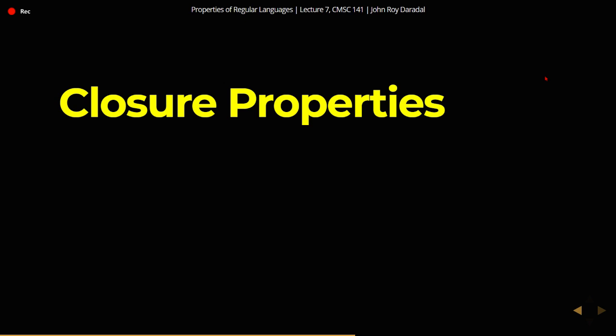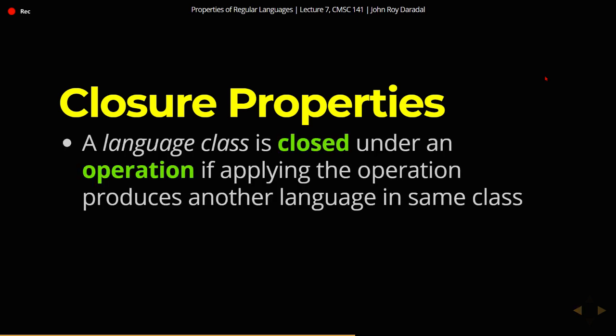Let's now look at the second part of the properties of regular languages, which are the closure properties. So what are closure properties? A language class is closed under an operation if applying the operation produces another language in the same class. What does this mean?